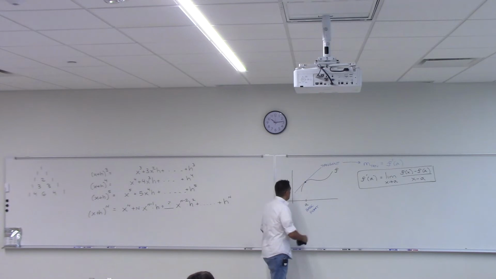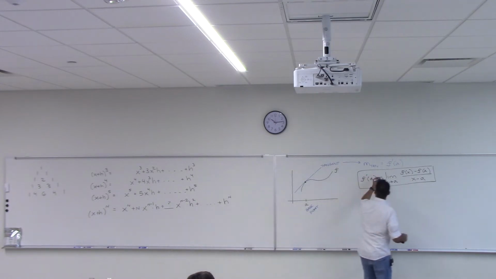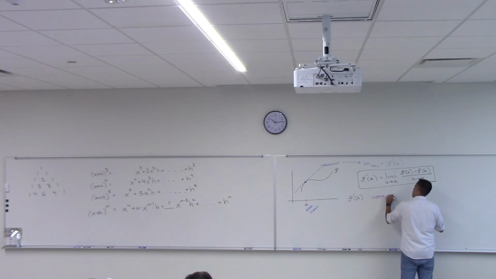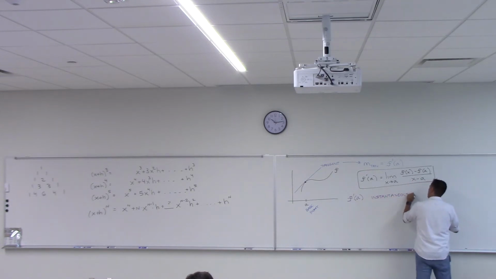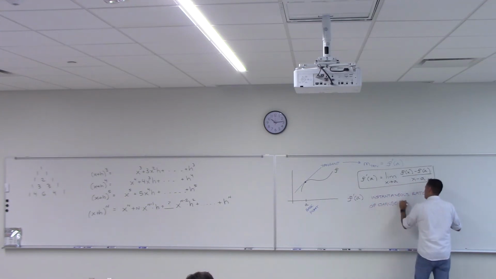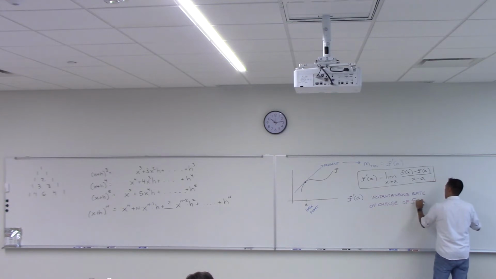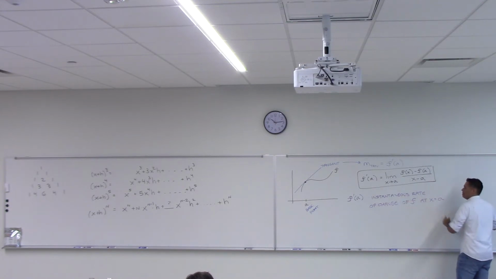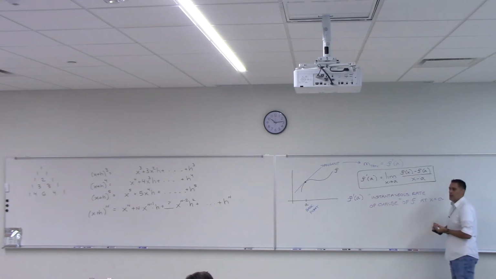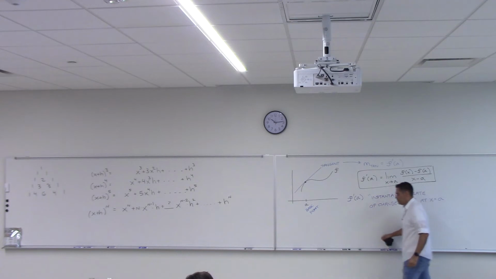Okay, so that's new language. This f prime of A can also be viewed as the instantaneous rate of change of the function f at x equals A. So this is new terminology, instantaneous rate of change.